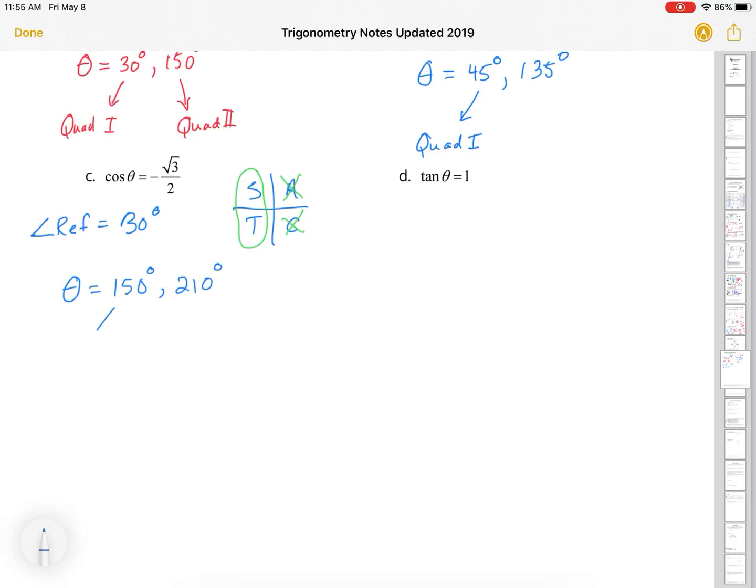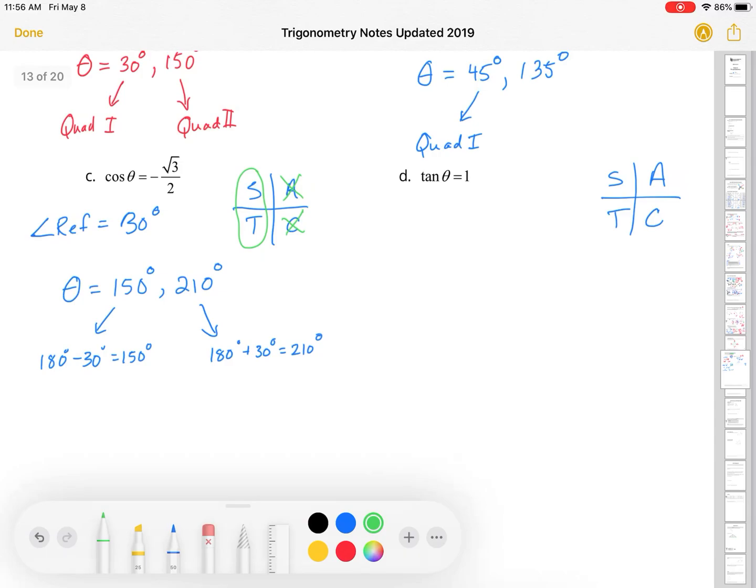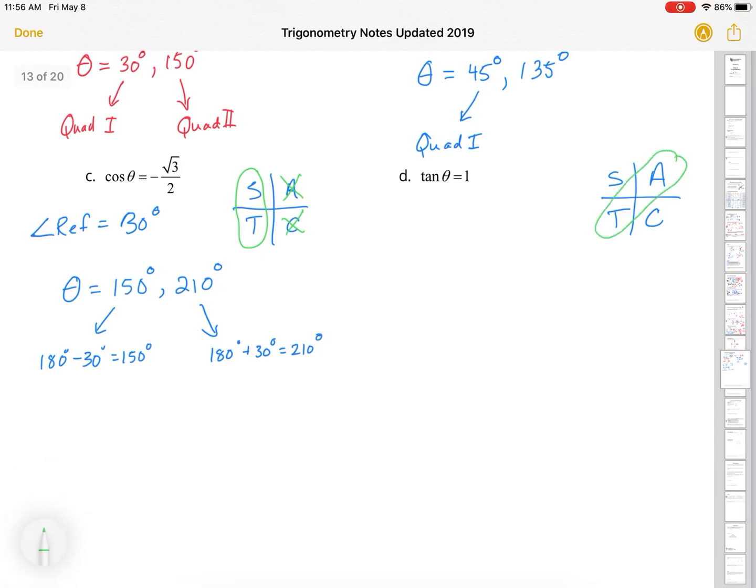And it's either in quadrants 2 or 3. So that means theta is either 150 degrees or 210. It's 150 in quadrant 2, because 180 minus 30 is 150. Or in quadrant 3, because that would be 180 plus 30, which would be 210. Okay? And again, feel free to draw a picture to help you do these. That really is helpful for me.